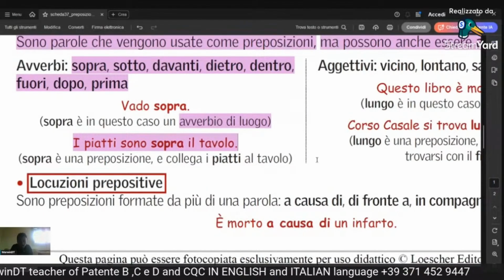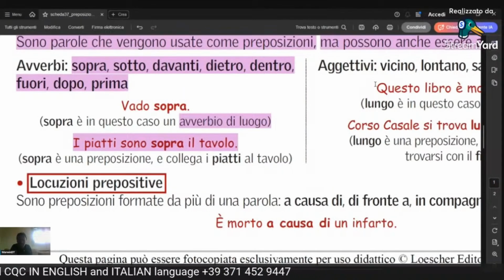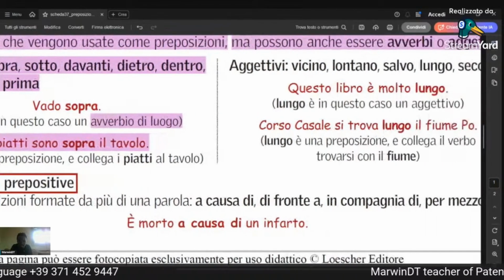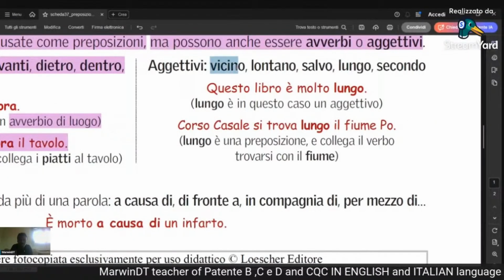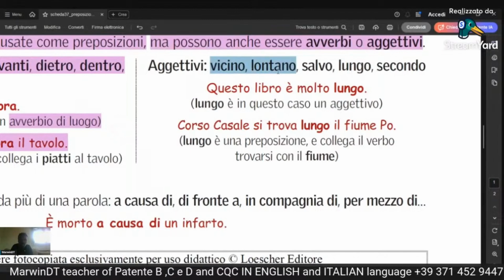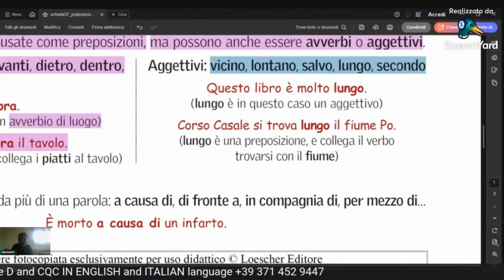Very good. Let's look at the aggettivi, preposizioni that function as adjectives. As examples, we have vicino, lontano, salvo, lungo, secondo.